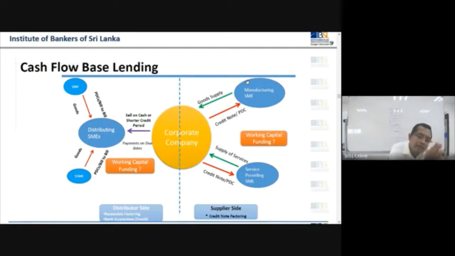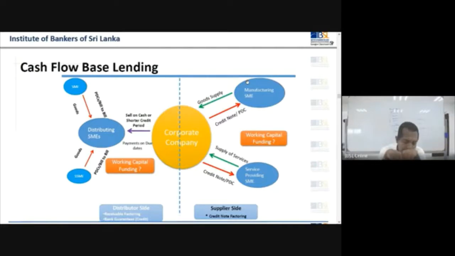Similarly, on the distributor side, which is your left-hand side of the dotted line, DSI will not go everywhere and distribute. There will be agents, distributors, right? DSI will give goods on a credit basis. I am a distributor of DSI. I get my goods from DSI on 1 month credit. But I need to give DSI a comfort.